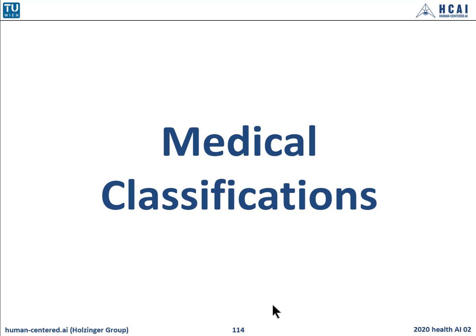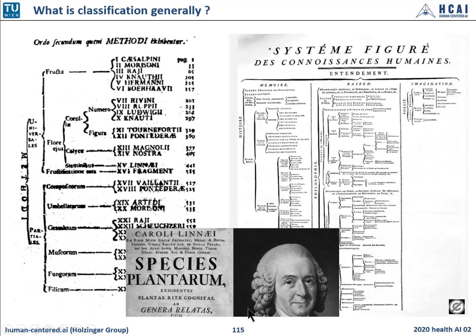And similar, there is the concept of medical classifications, and this goes back to Linné, Carolus Linnaeus in Latin, and this was the first work about medical classification. So this was a taxonomy, and here the original publication.